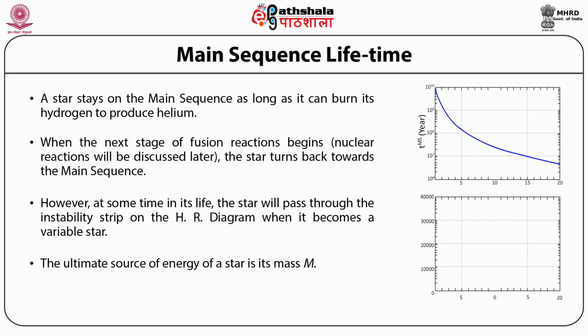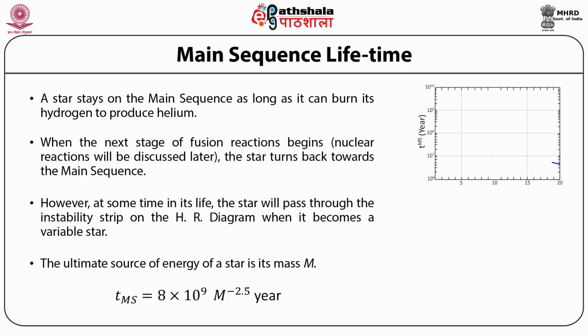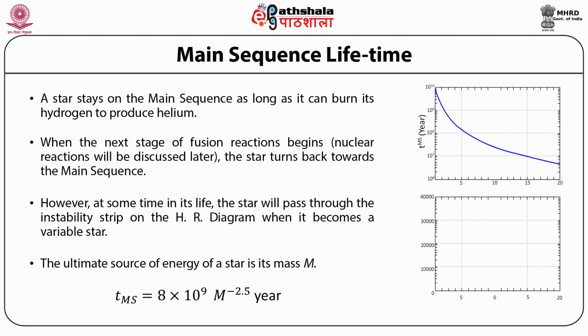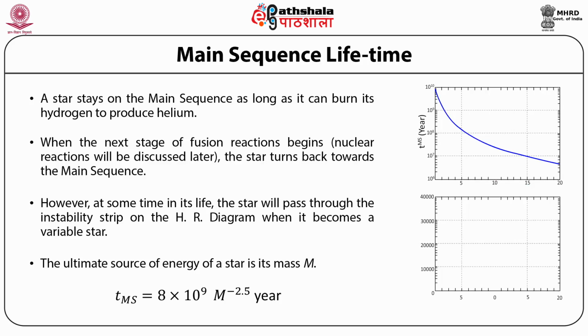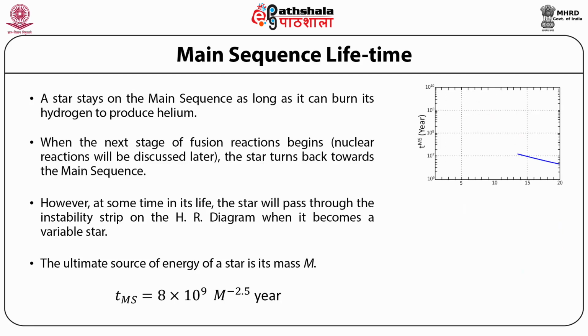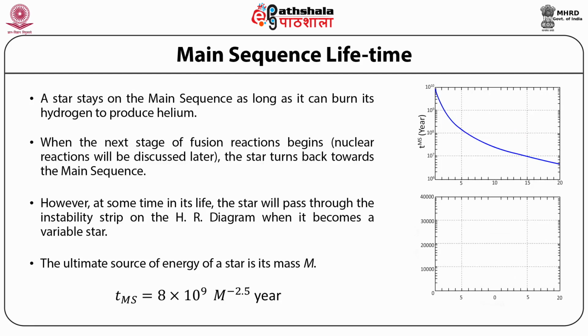We have T_MS proportional to m to the power minus 2.5, or T_MS is proportional to 8 into 10 to the power 9 m to the power minus 2.5 years, where m is now expressed in units of solar mass, and 8 into 10 to the power 9 years is the estimated main sequence lifetime of the Sun.